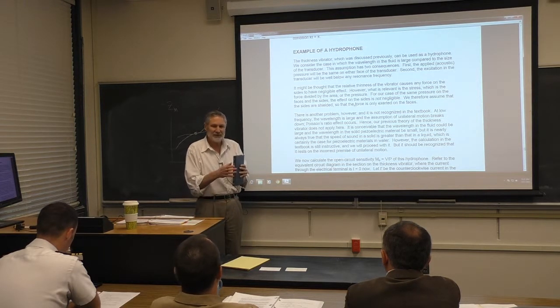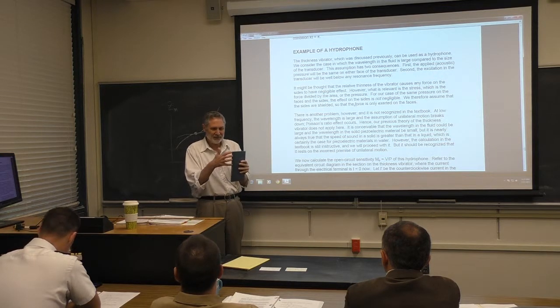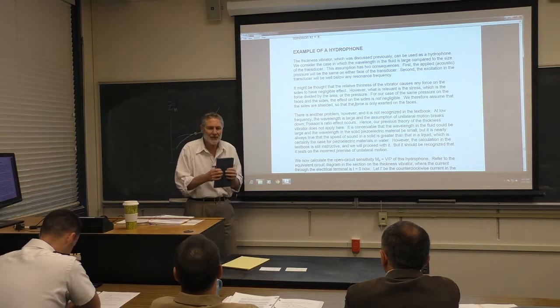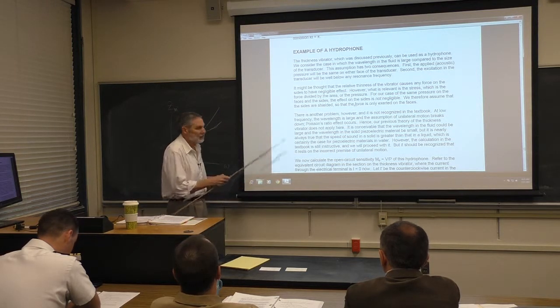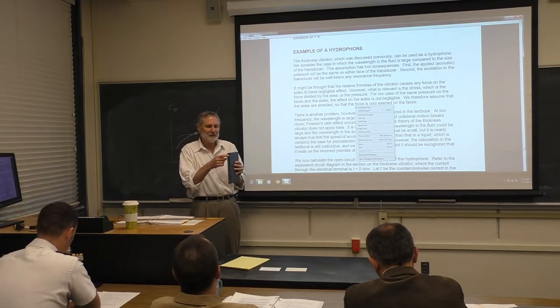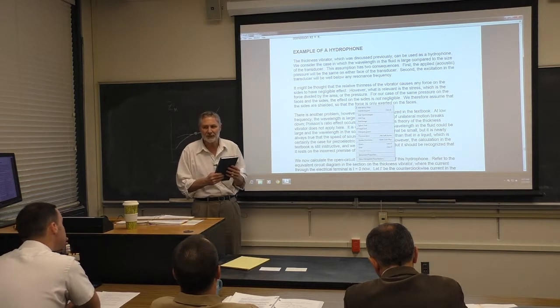What effect do you think the pressure on this relatively small area is going to have? It should be negligible, so I need to edit this. I don't think we have to go through the trouble of shielding the edges here. I think it's going to be a negligible effect.